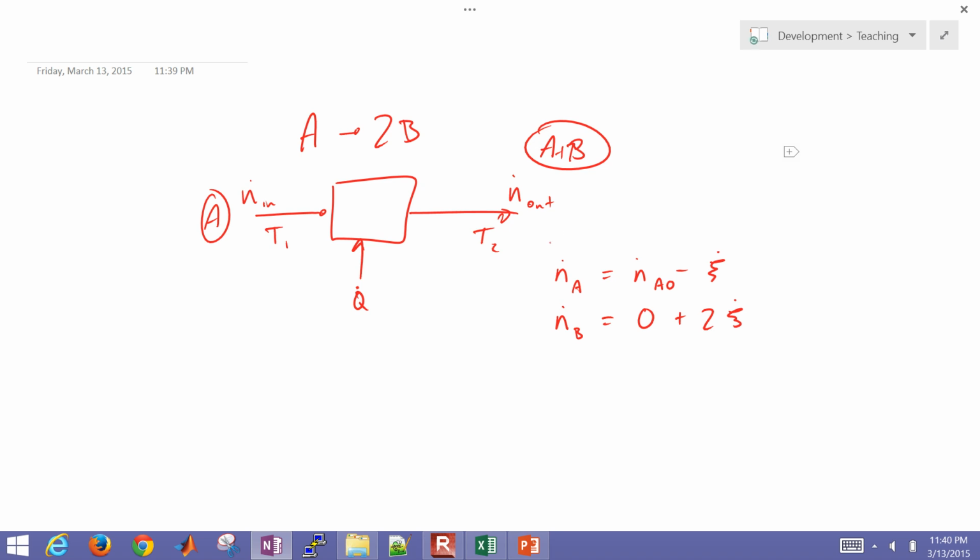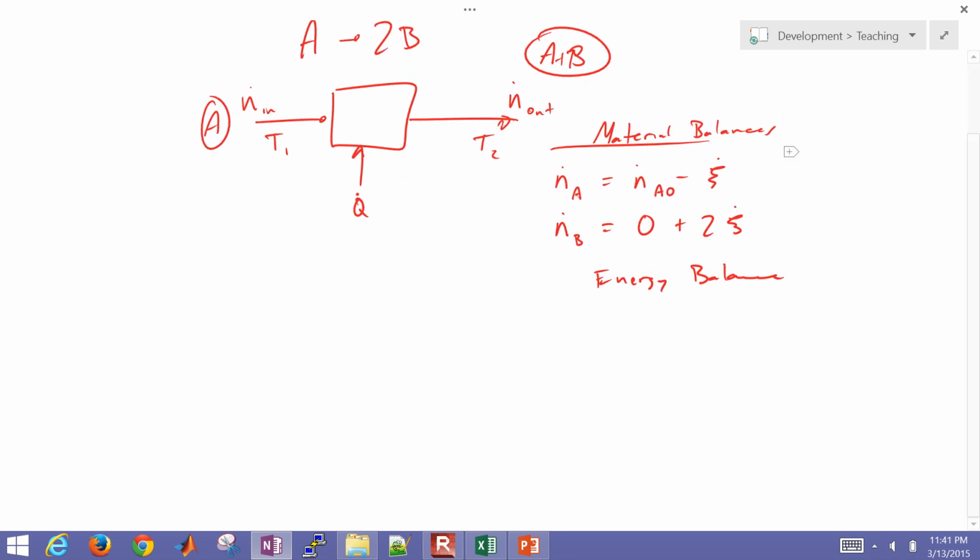Now let's go ahead and do an energy balance now around the same system. Okay, so we know that we're going to start with an enthalpy 1 of our reactants, and then let's say we only have the heat of reaction at 25 degrees Celsius, but this temperature inside here, let's say it's well mixed, that's going to be equal to the outlet temperature.